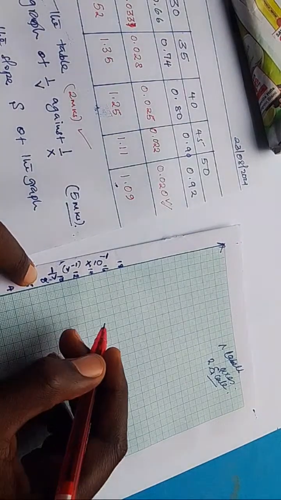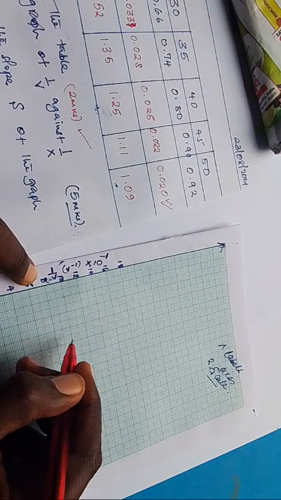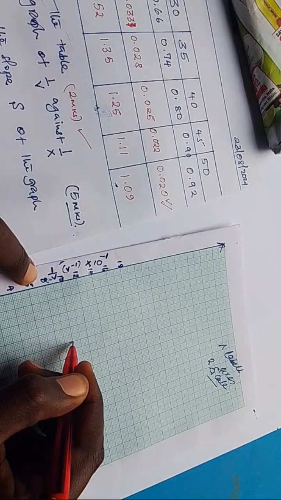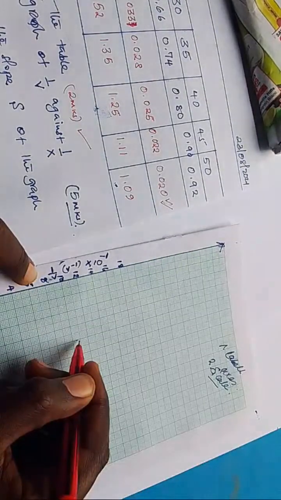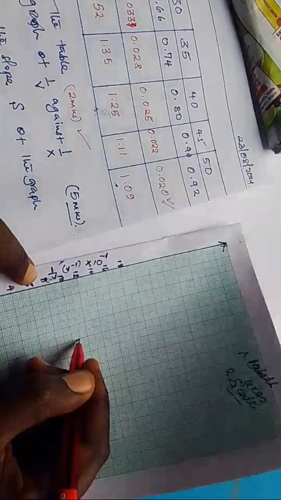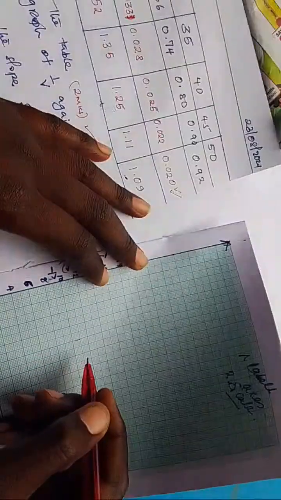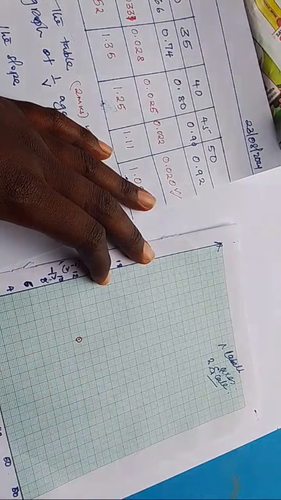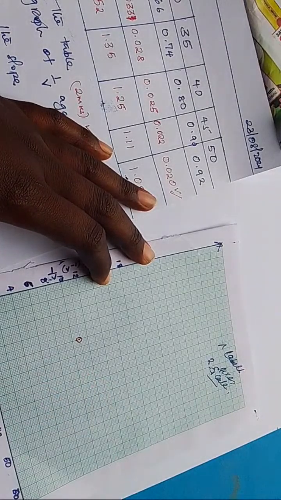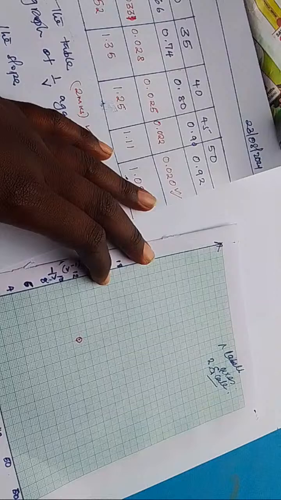Therefore, I'll count from here 1, 2, 3, 4.5. And circle that point in that manner.